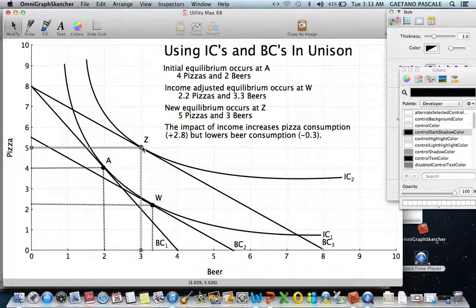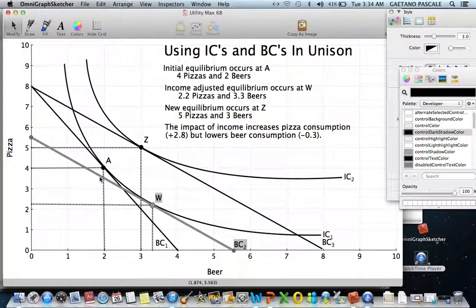Another way of thinking of this is, here's our original budget constraint. There's a change in the price of beer. Here is the budget constraint that would have existed in our original scenario if I use that price ratio.